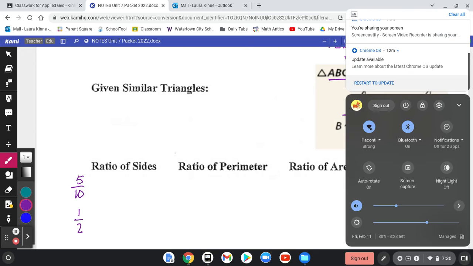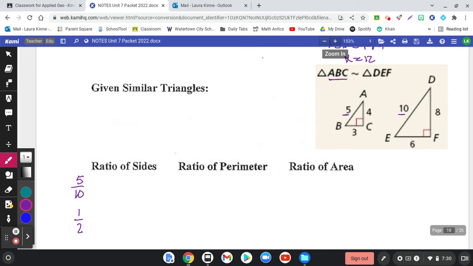If you look at the others, 4 to 8, and 3 to 6, they all simplify to 1/2. So the ratio of sides is 1/2.